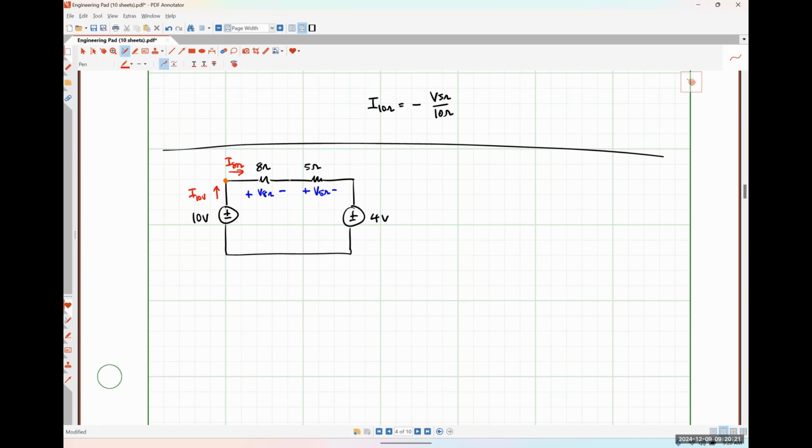If I were to apply KCL at this node, I could say that the current flowing in is I 8 ohms, and that must be equal to the current flowing out, which is I 5 ohms, right? And similarly, if I were to apply KCL at this node over here, I 5 ohms is flowing in, I 4 volts is flowing out, and so we can say that all of those currents are equal to each other.